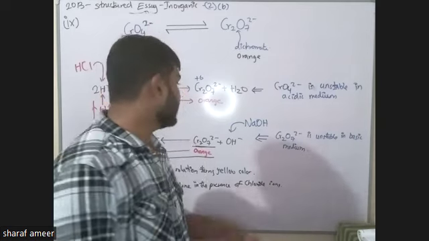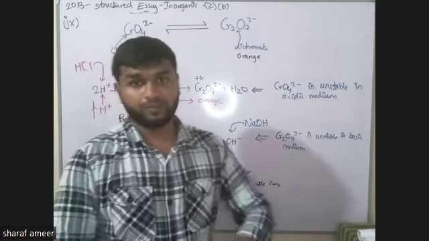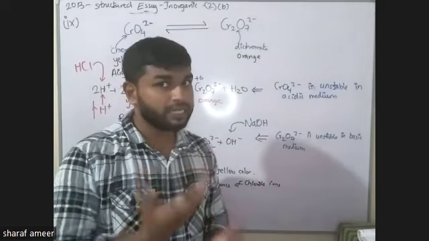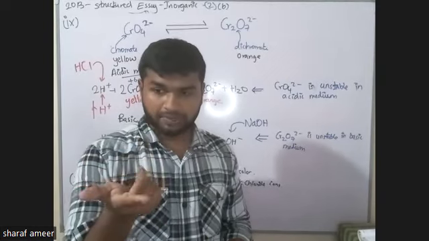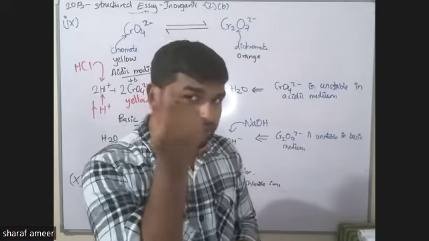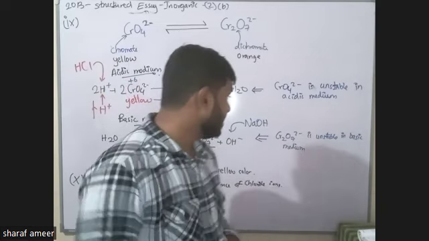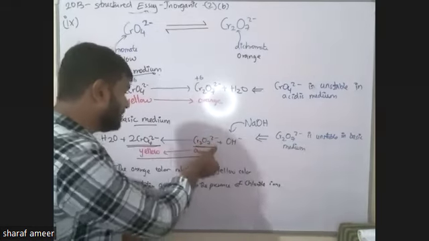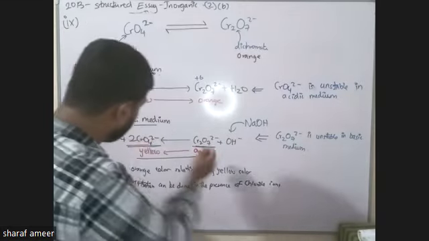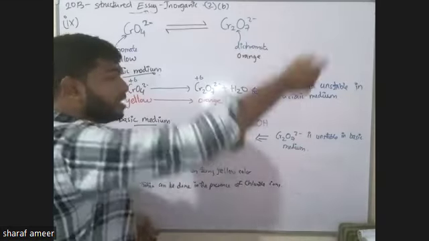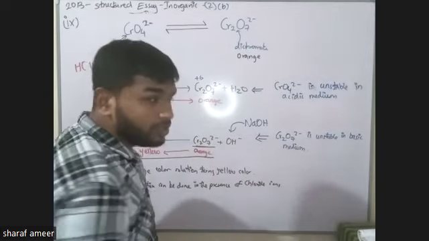You already know the color of dichromate is orange. Since you're going to use basic medium, this dichromate won't stay stable for even a few seconds. If you add NaOH, all of a sudden this orange color will turn to yellow. Once you keep adding NaOH drop by drop, it will keep turning to yellow.